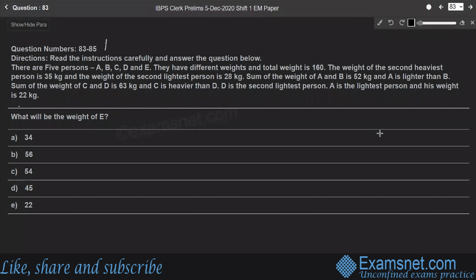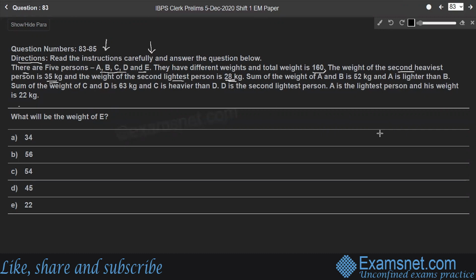Students, questions from 83 to 85 are based on the below information. Here the direction is, read the instructions carefully and answer the questions below. There are 5 persons A, B, C, D and E. They have different weights and the total weight is 160 kg. The weight of the second heaviest person is 35 kg and the weight of the second lightest person is 28 kg.